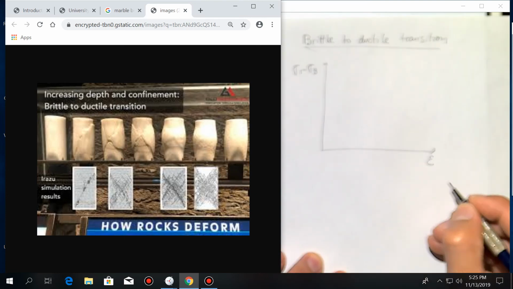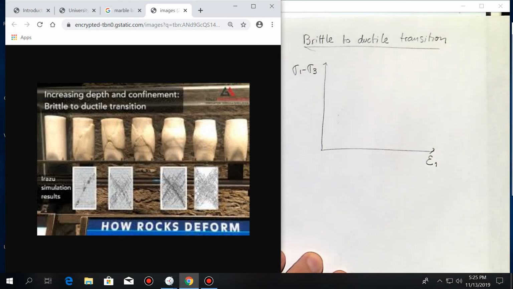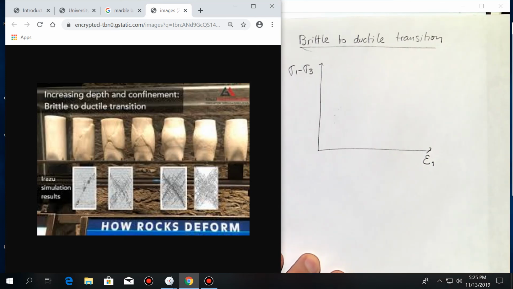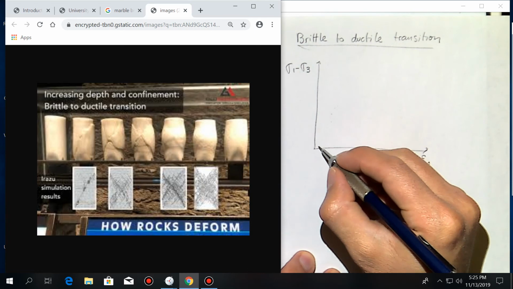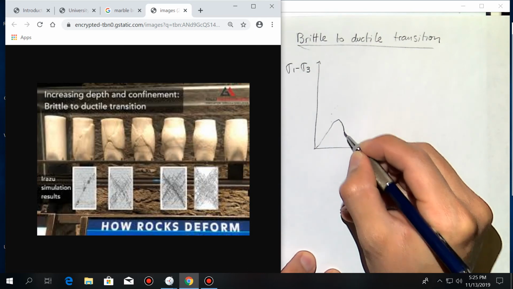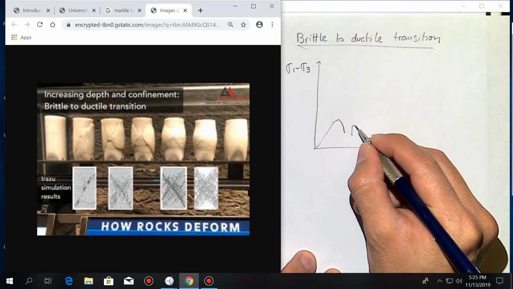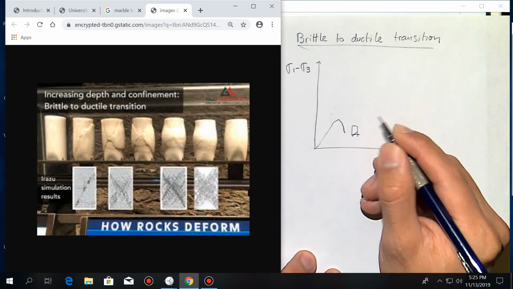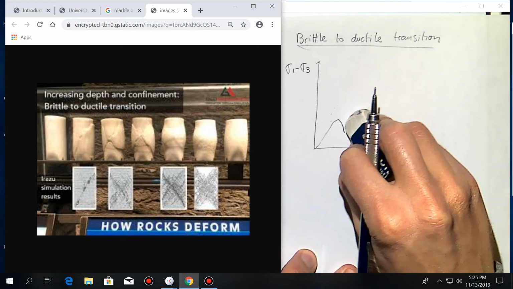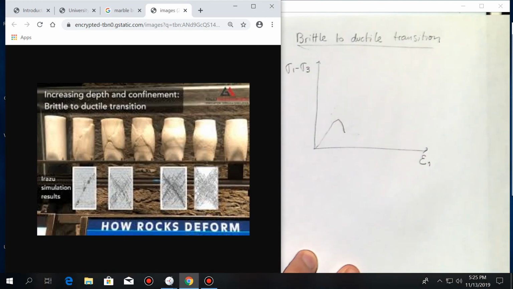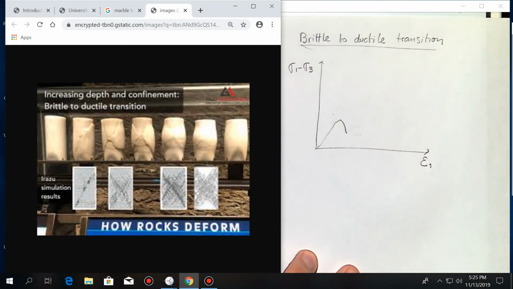And here we plot epsilon 1, strain in the direction of the load. We will see that brittle materials fail with a well-defined plane.